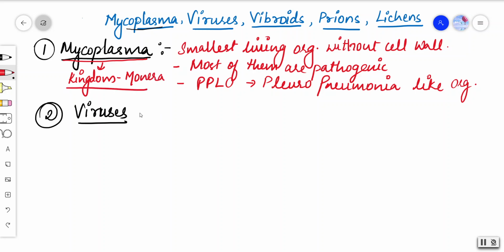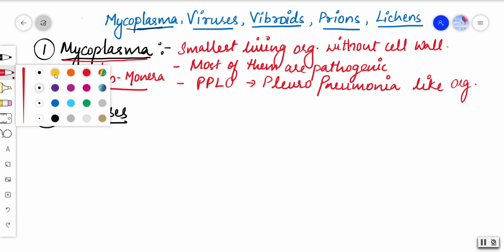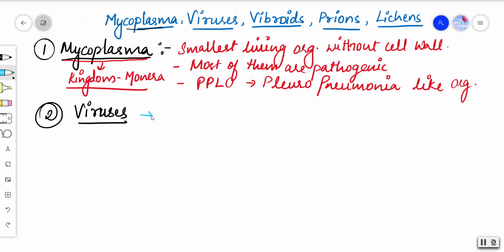Now let me change the color so that you can differentiate. Okay, so viruses, they are considered as living organisms, but they do not have any cellular organization. So because of that, they are called non-cellular organisms.